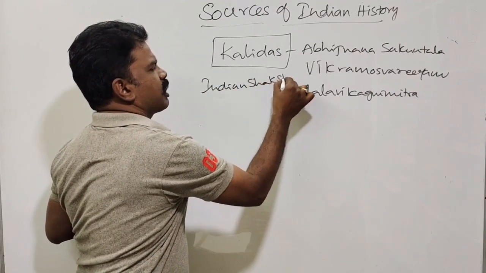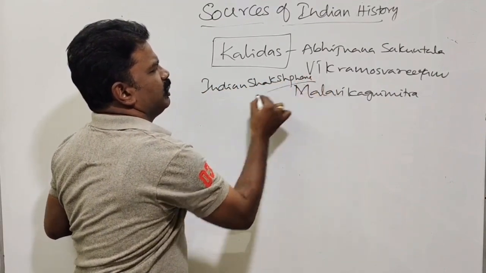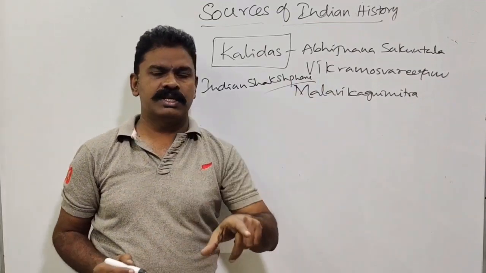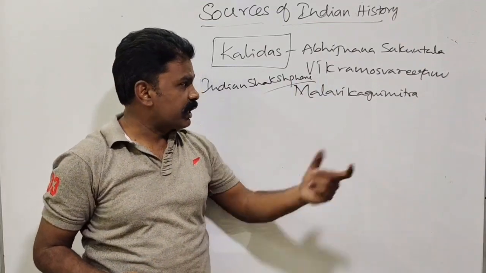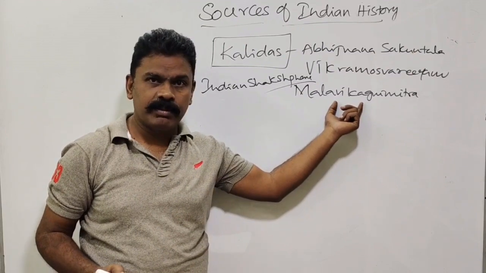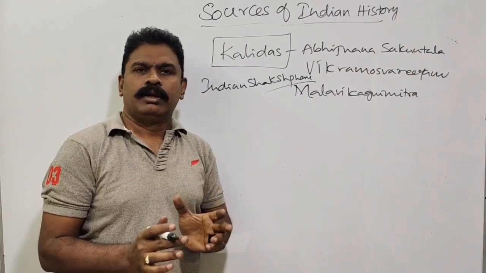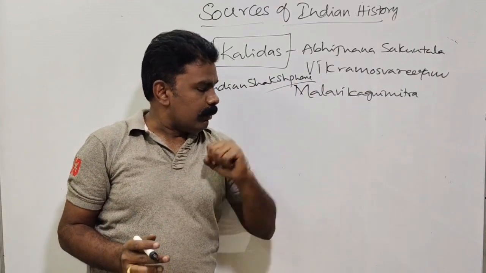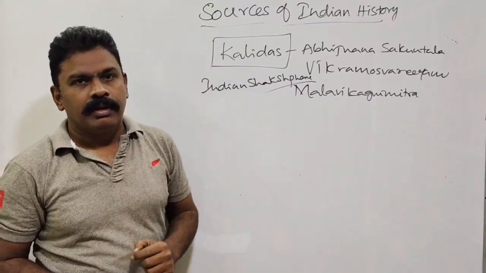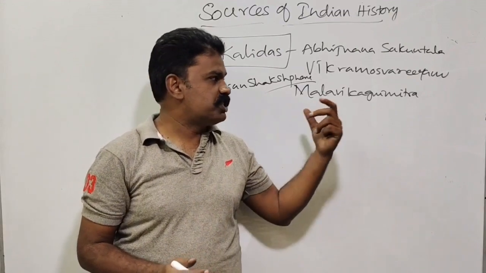Kalidas's books throw light on the social conditions of the period. For example, in the Malavikagnimitra, Kalidas explained about the Mahankali temple of Ujjaini.